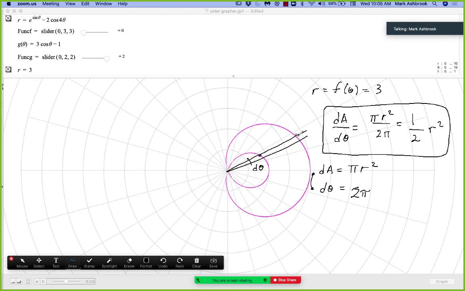Let's try that again. Like that. And then for the next d theta, I'm going to assume r is constant. And then the next one, r is constant, and then the next one, and then the next one.